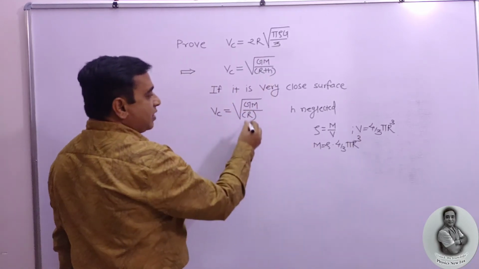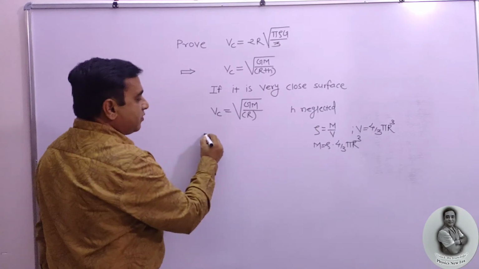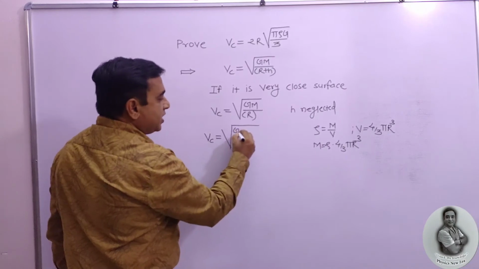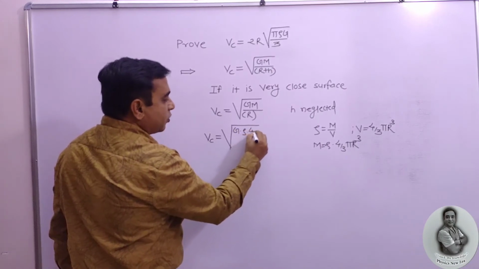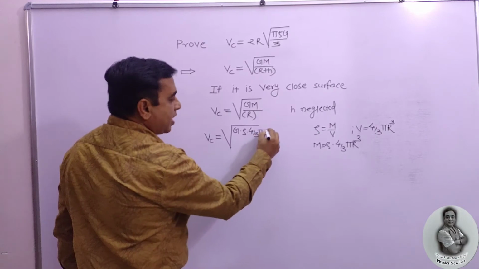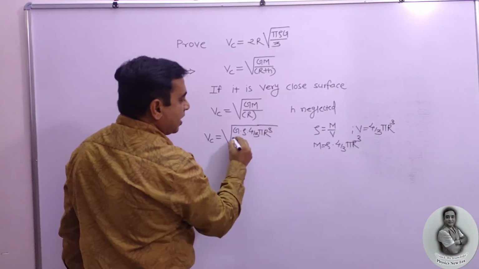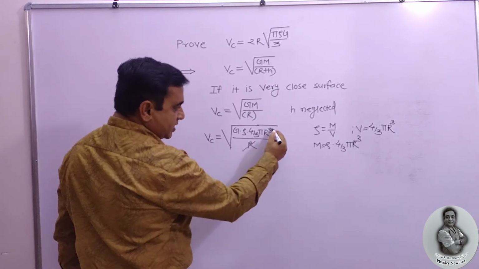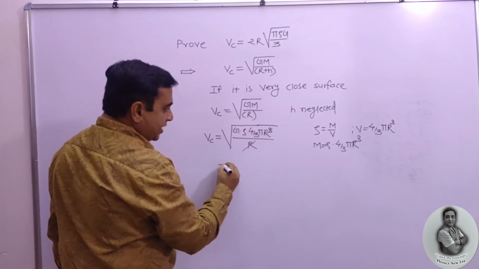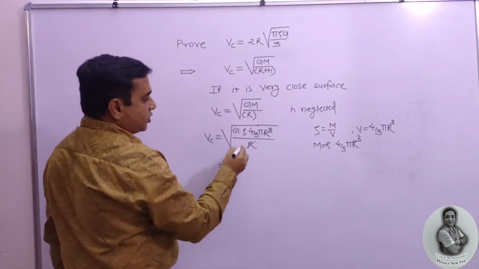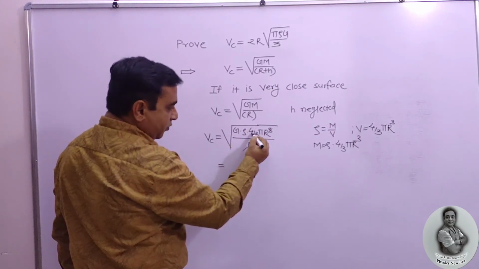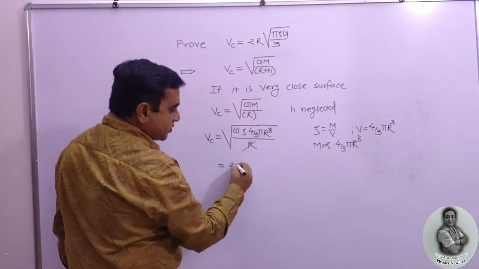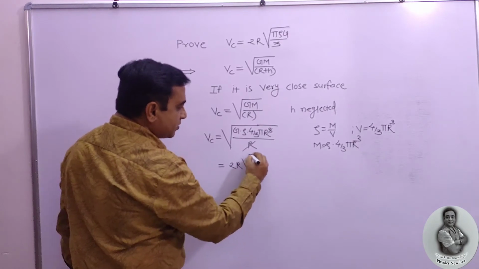If we substitute this value in this equation, then I am going to get Vc is equal to under root of G into rho into 4 by 3 pi R cube upon R. One of these R cancels. Then I write the terms taken outside the square root: 4, if taken outside the square root, becomes 2, and R square becomes R. What are the remaining terms?